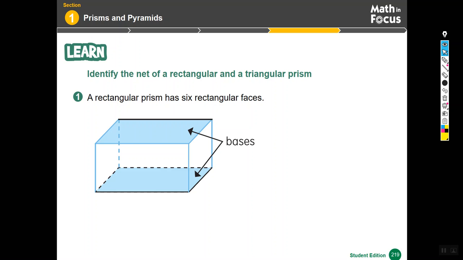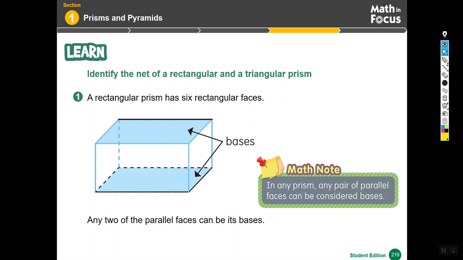A rectangular prism has 6 rectangular faces. Now they are not all the same. Any 2 of the parallel faces can be its bases, so it just depends on which way it's sitting. In any prism, any pair of parallel faces can be considered bases.